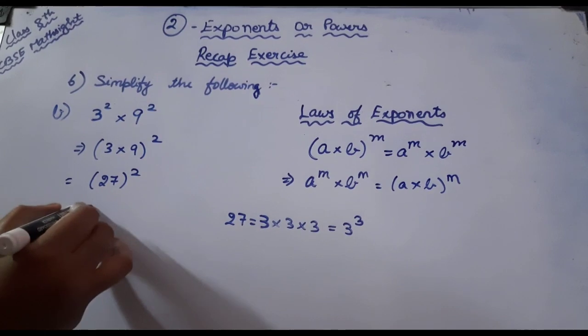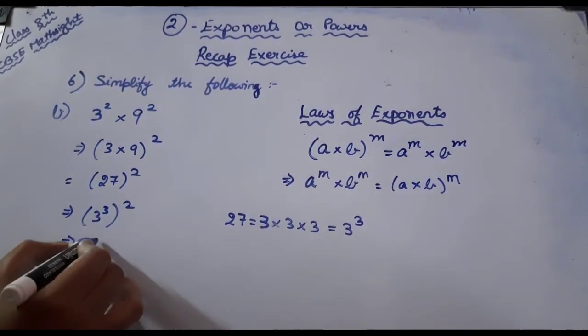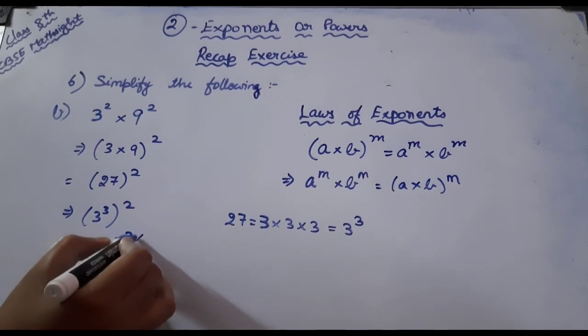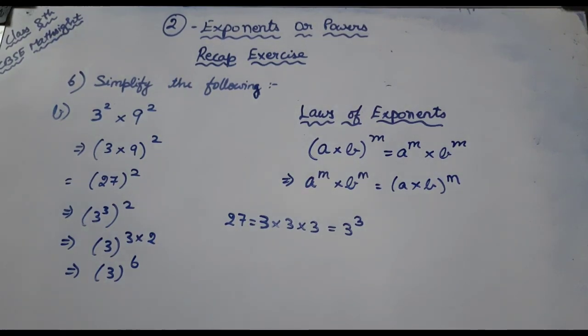So (3 cube) whole square, we can multiply the powers, 3 into 2. So this can be written as 3 to the power of 6.